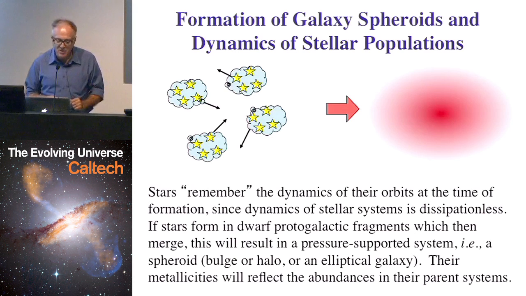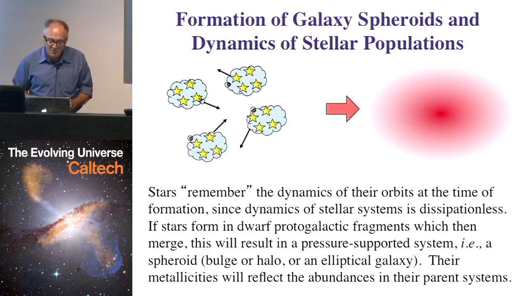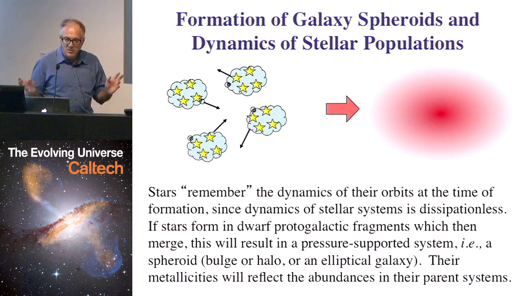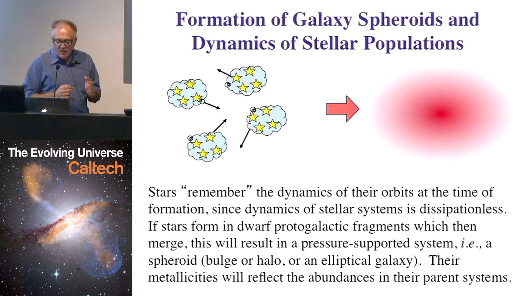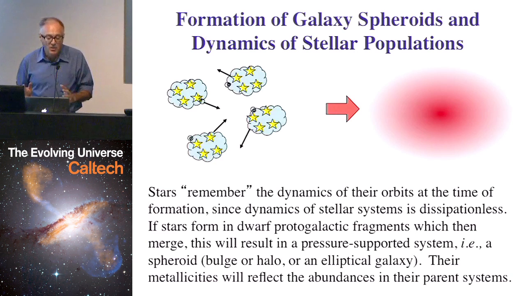There are some other combinations of things. And if there is no dissipation, they will just remain in that motion forever. So they will respond to the global gravitational potential of the newly made galaxy, but their motions will be random because they came from any odd direction. So this is why you would have elliptical galaxies that are kinematically supported by random motions, the pressure of the stellar gas, if you want, not by rotation.